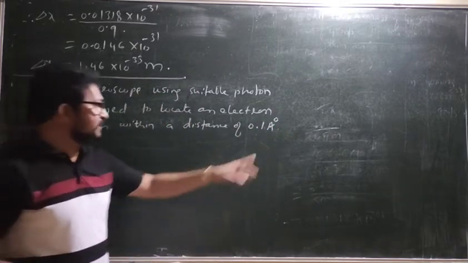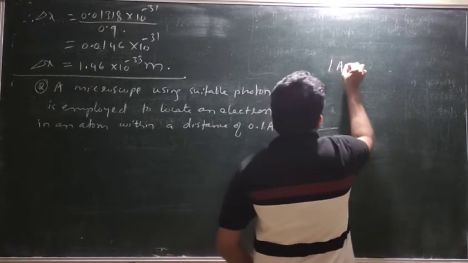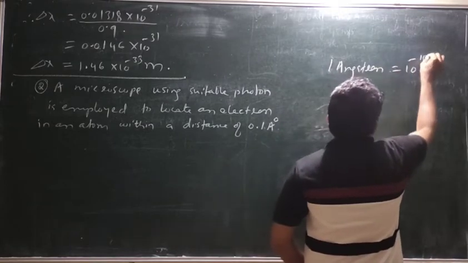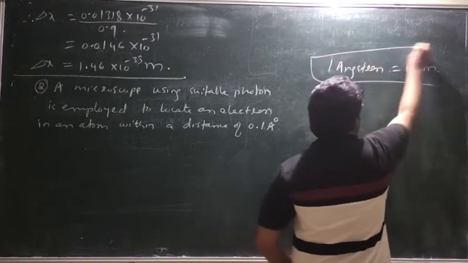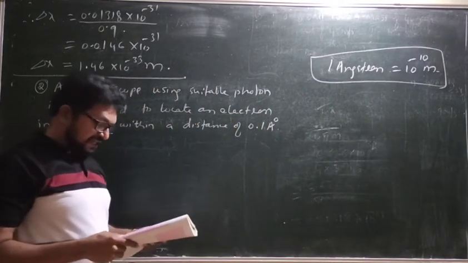What is the unit like this? Angstrom. 1 angstrom is 10 raised to minus 10 meter. Okay, it is also a unit of length. 0.1 angstrom.